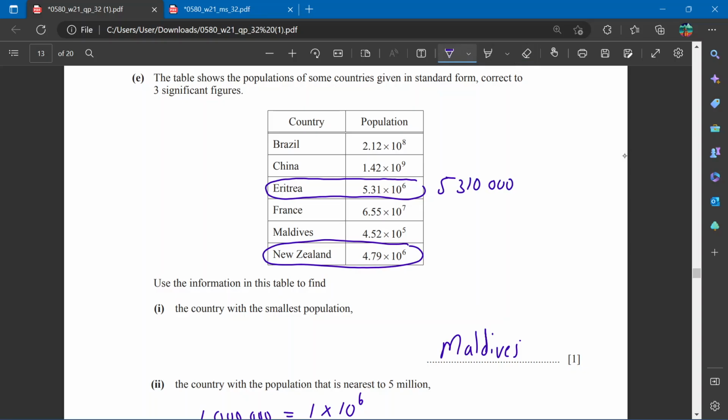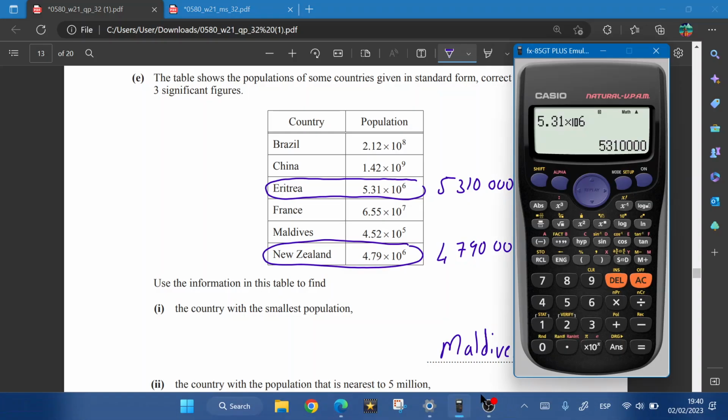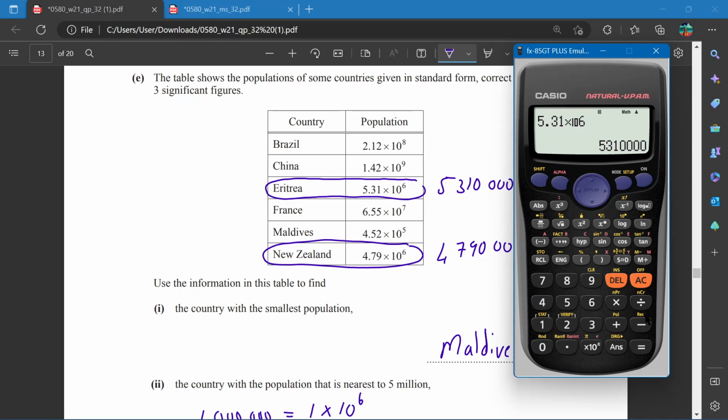5,310,000. But New Zealand's also quite close to 5 million, is it not? That would be 4,790,000. Which one's closer? Let's have a look. Okay, let's subtract 5 million. 6 zeros, yeah.